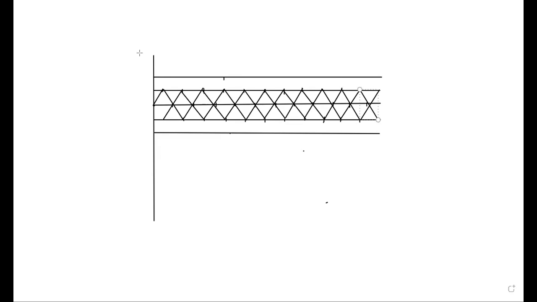And now, this is suppose red phase and this is suppose blue phase and this is another phase and that is black.